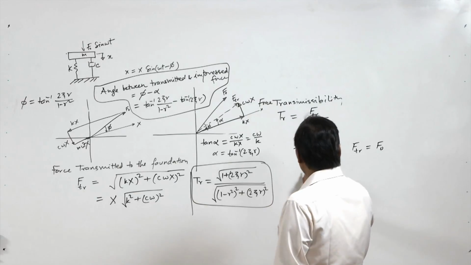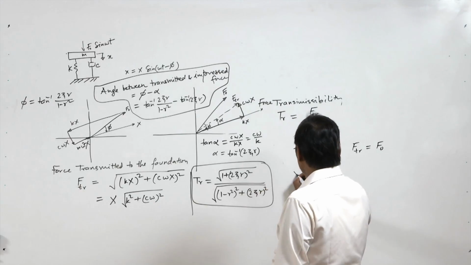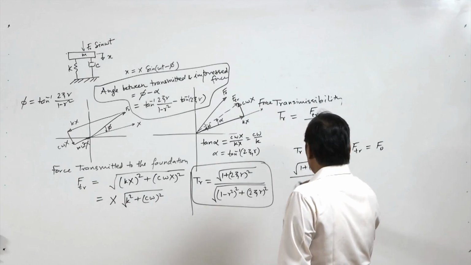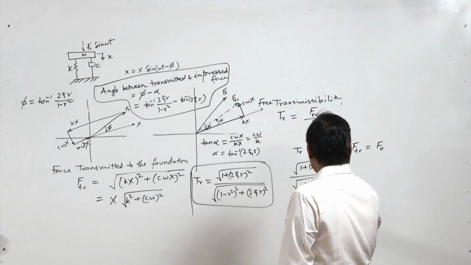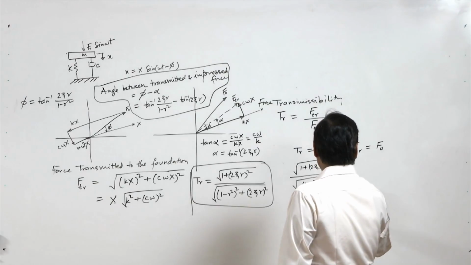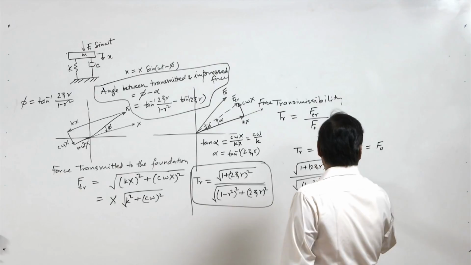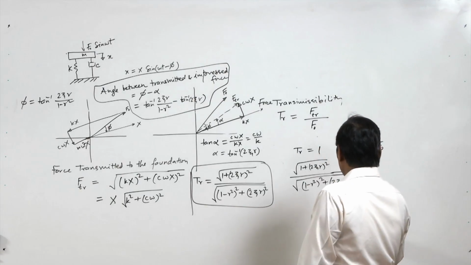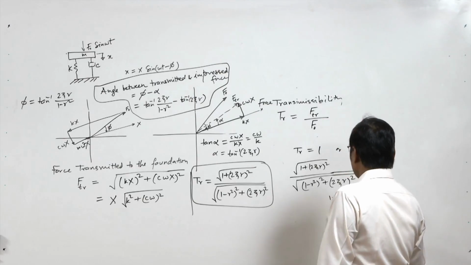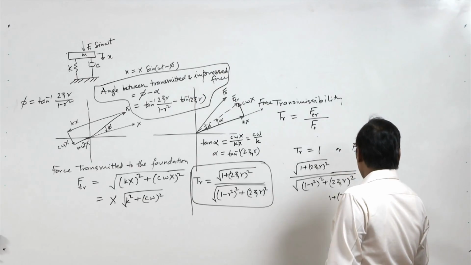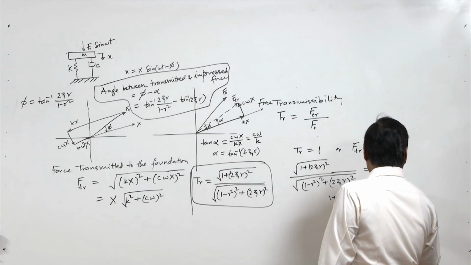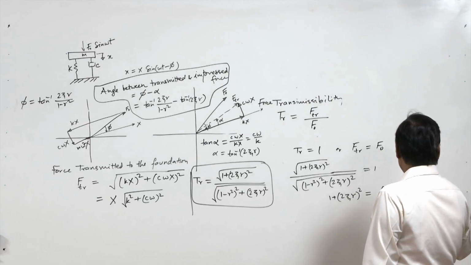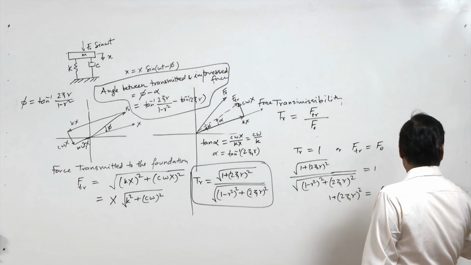When we put TR equal to 1, this equation, root of 1 plus (2 zeta r) whole square upon root of (1 minus r square) whole square plus (2 zeta r) whole square, is equal to 1. Now we square these terms. So 1 plus (2 zeta r) whole square equals (1 minus r square) whole square plus (2 zeta r) whole square.